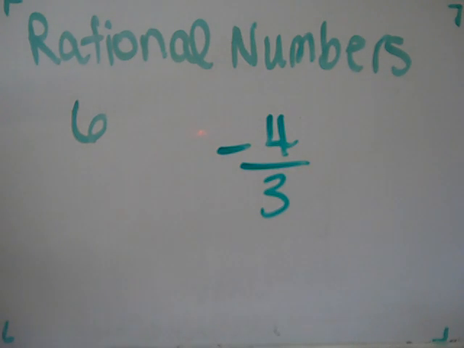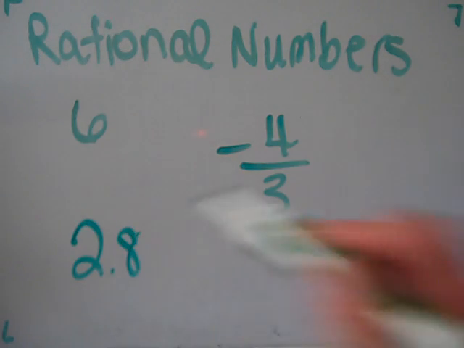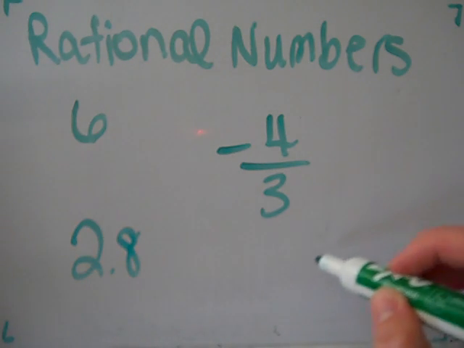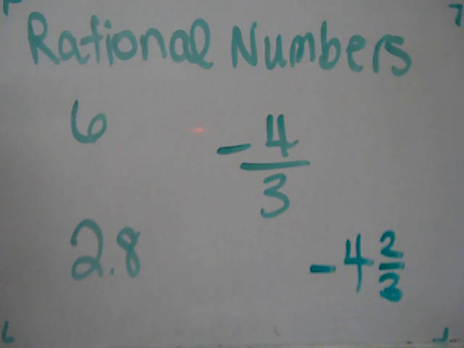Is negative 4 over 3 a rational number? Why or why not? Is 2.8 a rational number? Why or why not? Is negative 4 2/3 a rational number? Why or why not? It's important that you don't just say yes or no. You need to understand the reason.